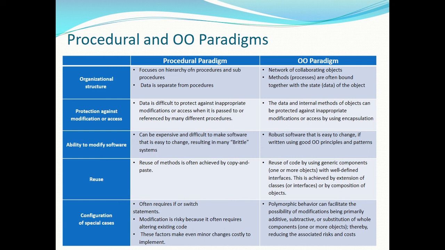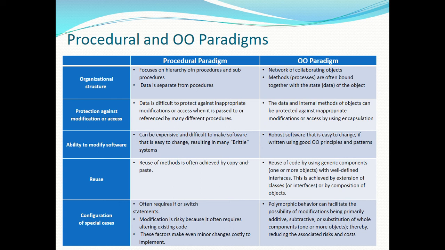Now, it is easy in object-oriented programming to modify the software because it follows the principles of object-oriented programming. Each object is independent, and if you change one object or replace it with another object, that will not affect the system. But in procedural languages, if you want to change something, you have to look at the whole program.